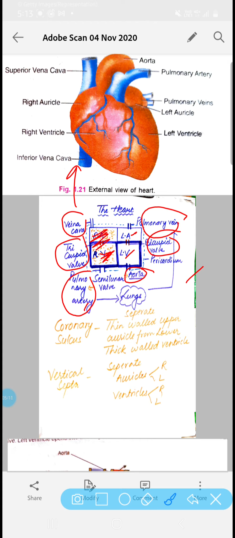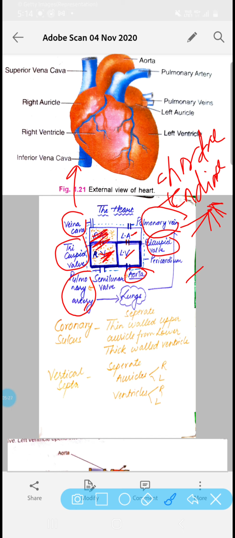Okay, and these valves are supported by inelastic cords called chordae tendineae. Chordae tendineae are small, fine fibers, which are giving support to these valves. Is that clear?